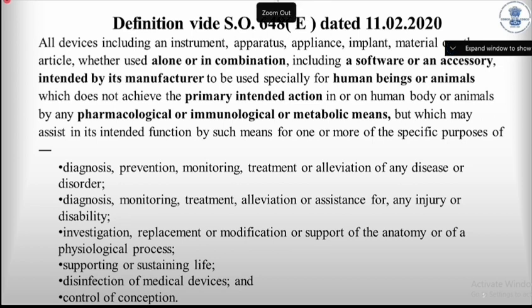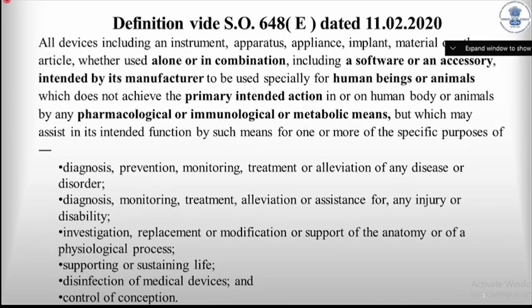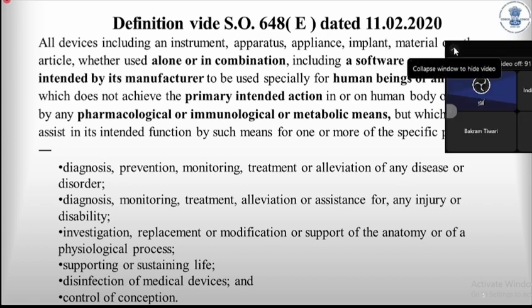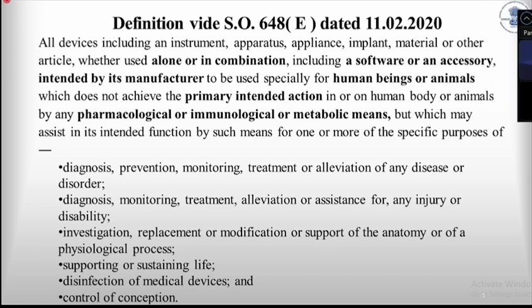According to this definition, all medical devices, whether an instrument, apparatus, appliance, material, or any other article, whether used alone or in combination, and whether it contains software or is an accessory, if it is intended specifically by its manufacturer to be used in a human being or animal.